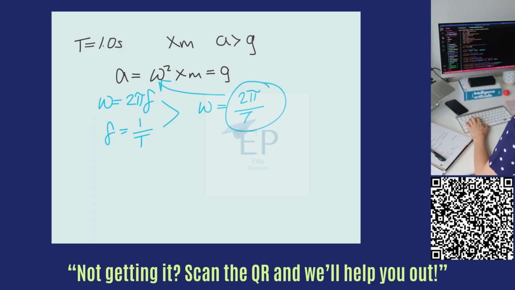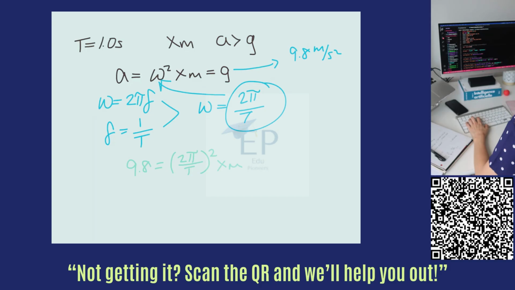We know that gravity itself is 9.8 meters per second squared, so we can substitute that term in as well. And so we end up with this equation: 9.8 equals (2 pi over T) squared times our amplitude.